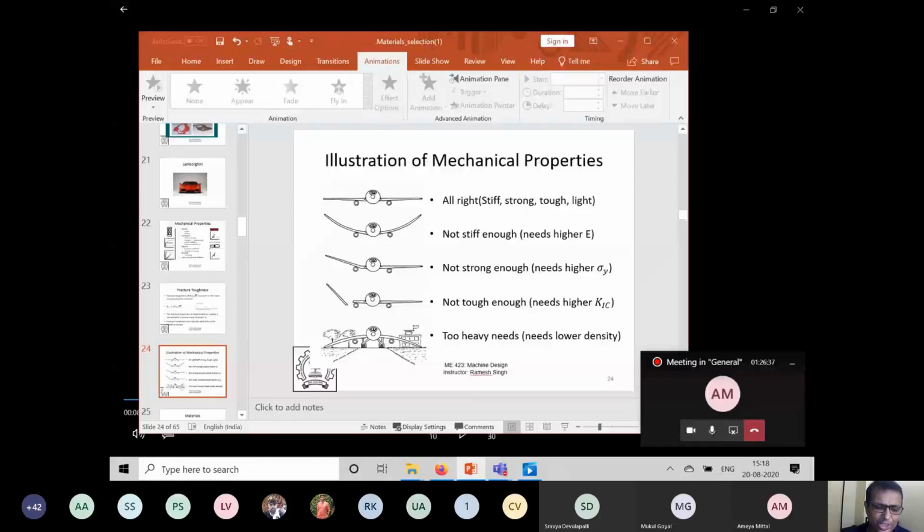These are illustrations of the mechanical properties which create problems. So how do we select a material so that these problems do not arise? That will be the entire focus. On Thursday, we'll discuss more.